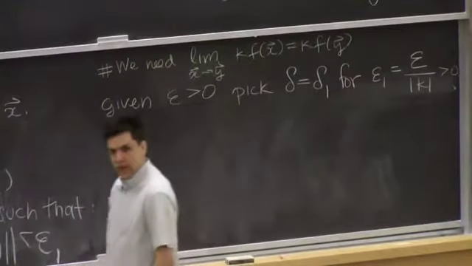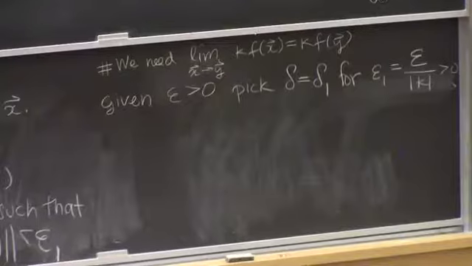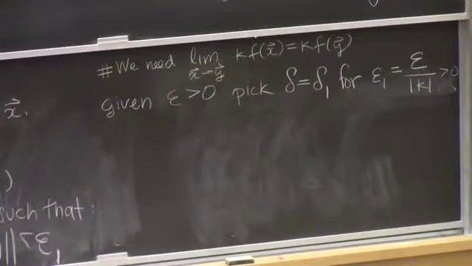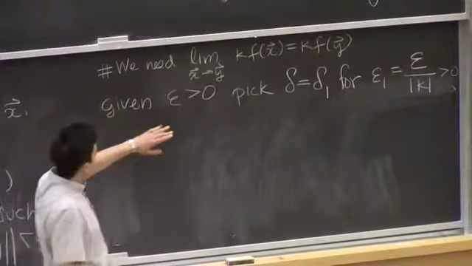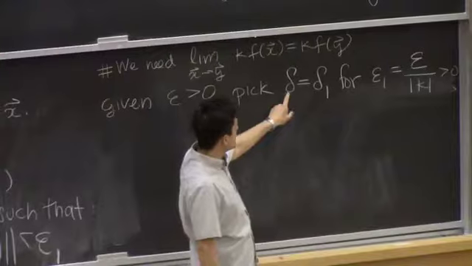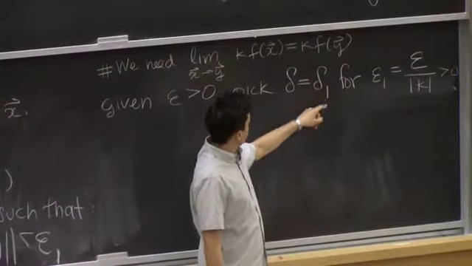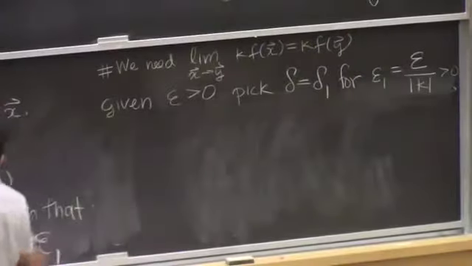Okay, so at least at the level of quantifiers, this is a very complicated statement. What are we saying here? Given a positive epsilon, we're going to pick delta to be the value delta 1 that this theorem gives us.